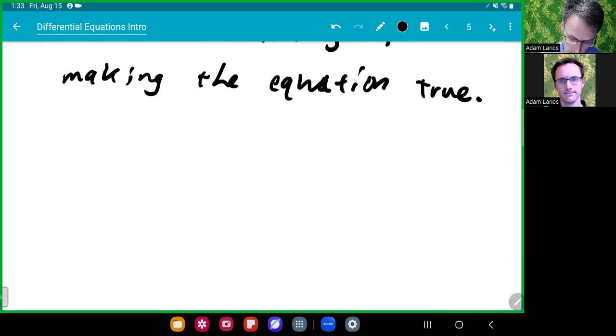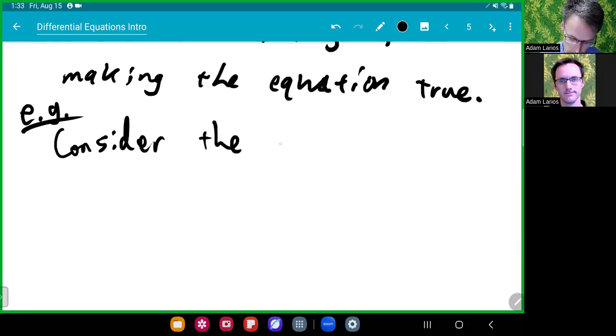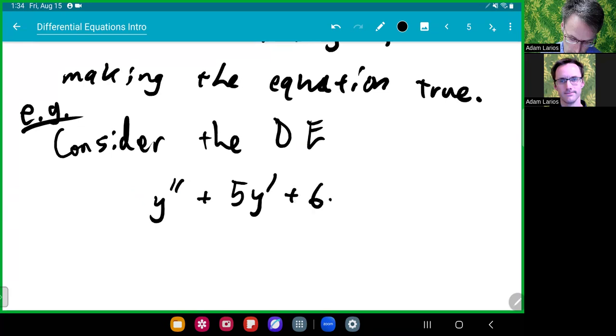So let's see an example. Consider the differential equation 5y double prime plus y double prime plus 5y prime plus 6y is equal to 0.